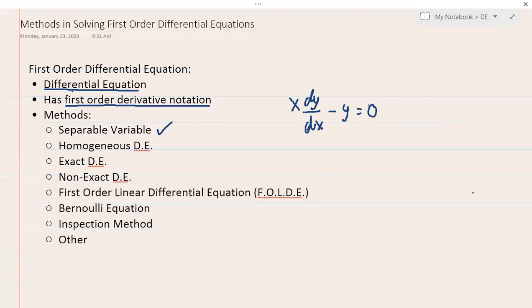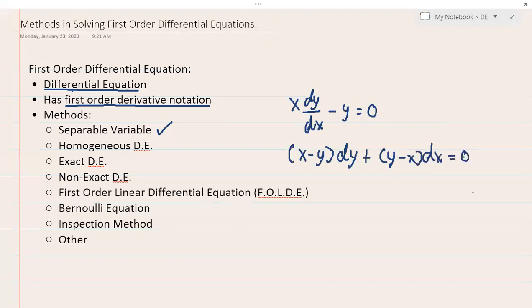Pero there's one thing I did mention. Hindi sa introduction pala, sa linearity and homogeneity video. Di ba may sinabi ako na what if meron tayong ganito? Quantity x minus y times dy plus quantity y minus x times dx is equal to 0.